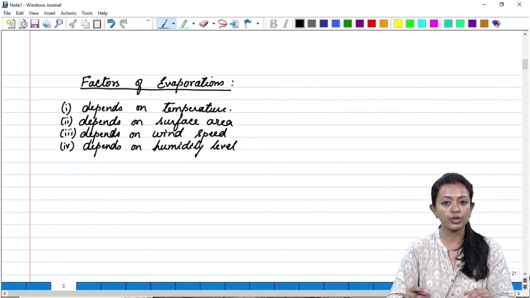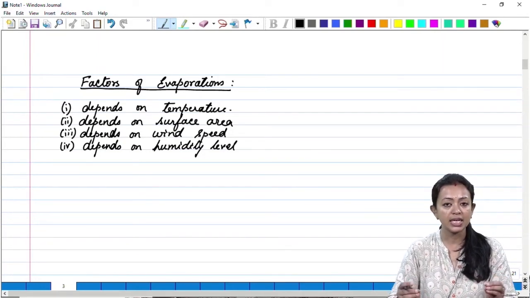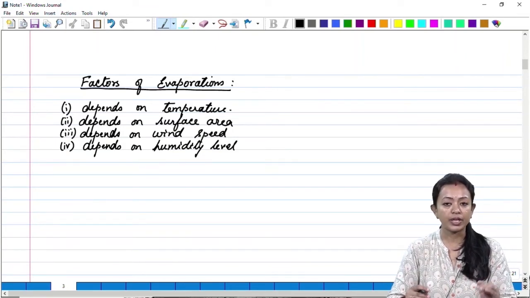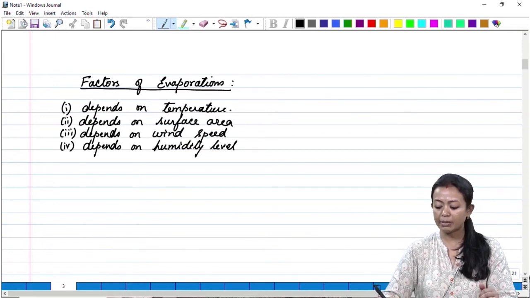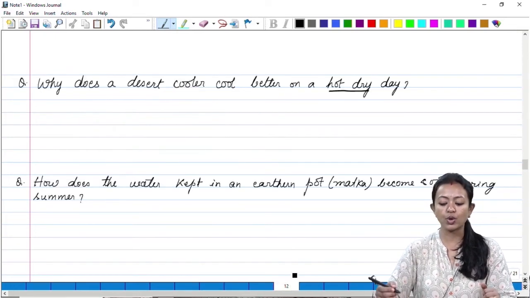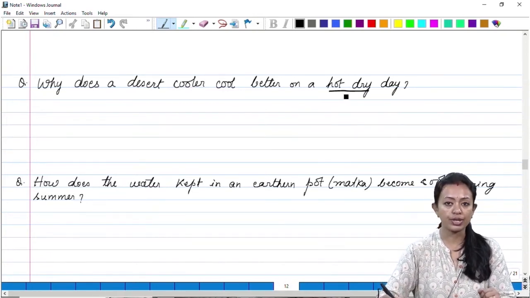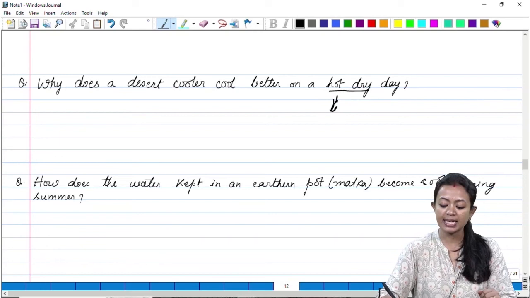But if the water molecules are already there in plenty in the air, then the water molecules will move at a very slower rate from the liquid state into the gaseous state. So the same thing can be applied in case of solving this problem. Here, because it is a hot dry day, that means there is less humidity.